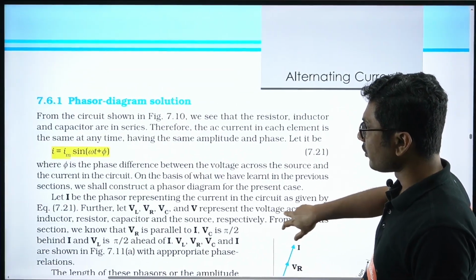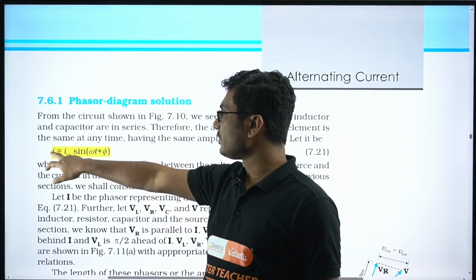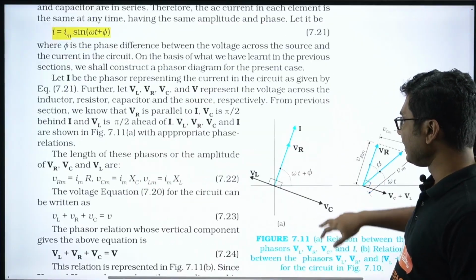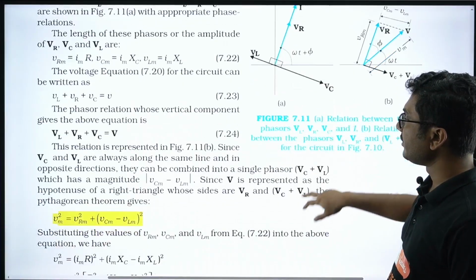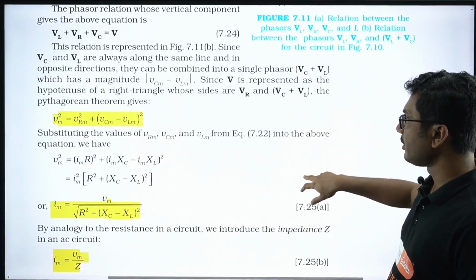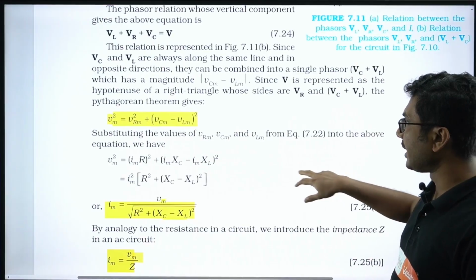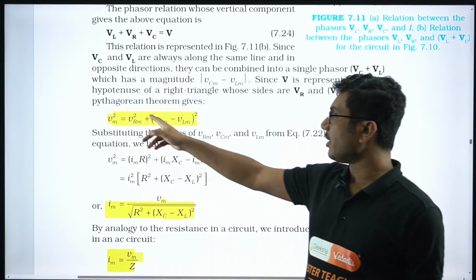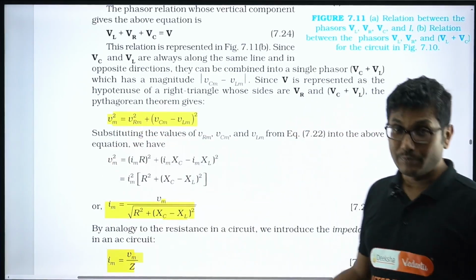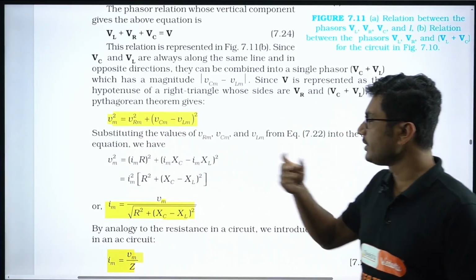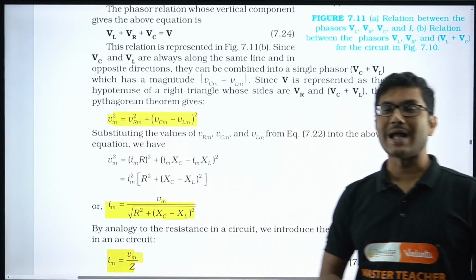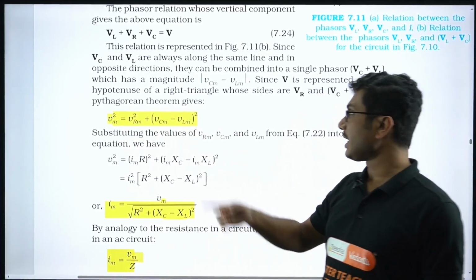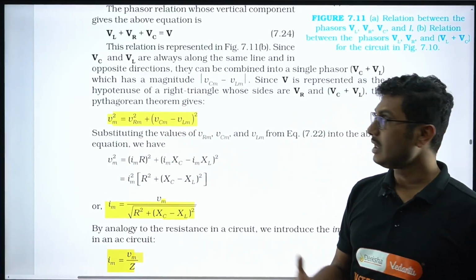After solving this, you get that the current is equal to Im sin(omega t plus phi). There is a geometric derivation given for this part, but that is not required. Eventually you will get that Vm square equals Vrm square plus (Vcm minus Vlm) square, where Vm is the maximum of the input voltage, Vrm is the voltage across the resistor, Vcm is the voltage across the capacitor, and Vlm is the voltage across the inductor.